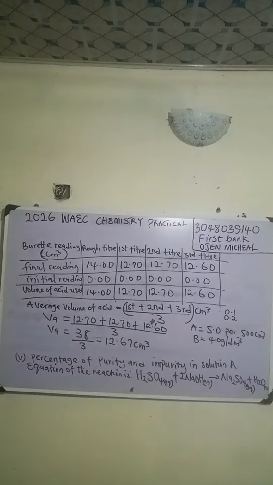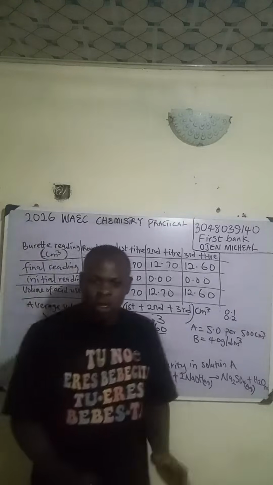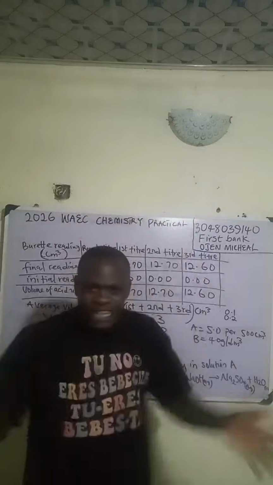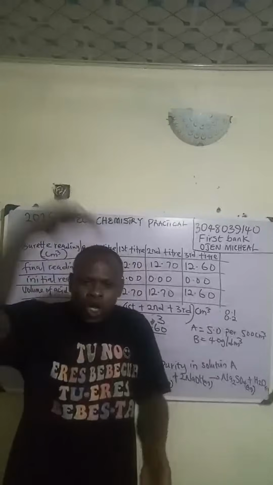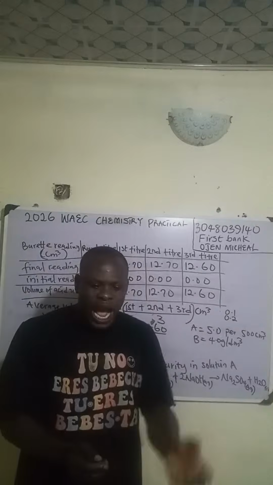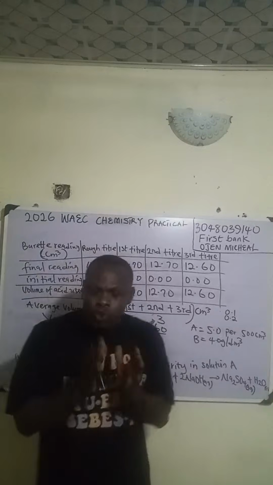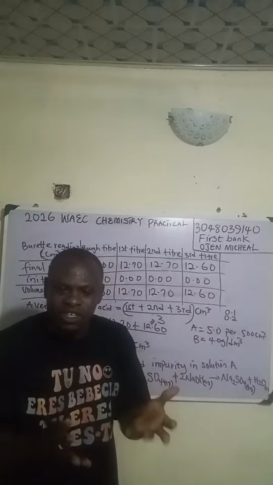Beautiful, that is great. How is the rough titer gotten? When you are doing your titration, you don't just go direct and do the first titer and second titer. For the rough titer, you just titrate the acid and base, and you are not too careful. You now discover that okay, the endpoint has been reached. You take your value.